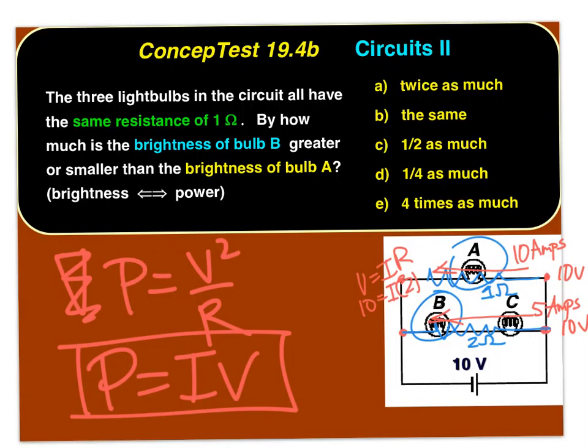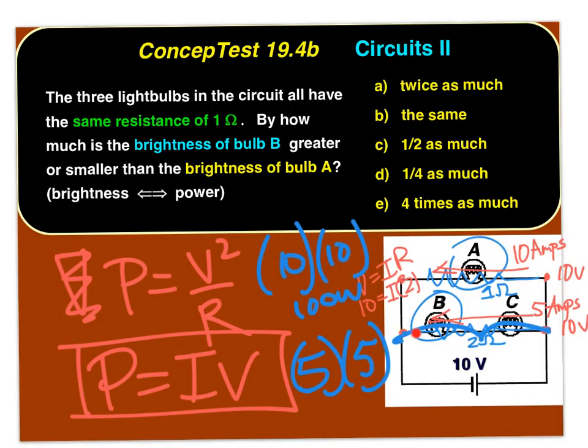And so for bulb A, we would have a current of 10 times a voltage of 10, so 100 watts. And for bulb B, okay, this is good. We have a current of 5 amps times 5 of the volts is used up here and 5 of the volts is used up here.